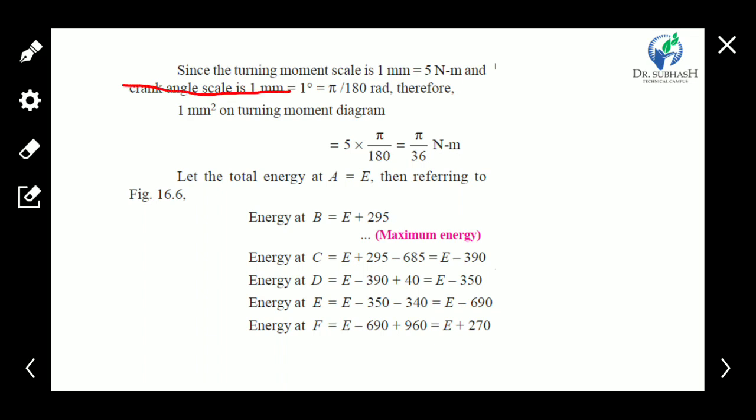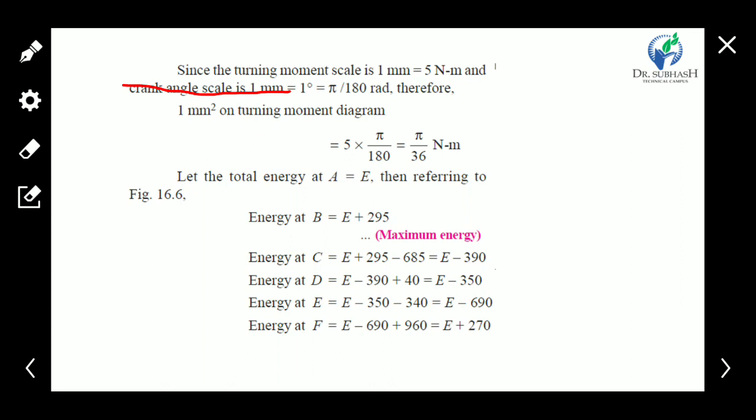Here 1 mm is equal to 1 degree, so we convert the degree into radian by multiplying by pi by 180. So the radian is pi by 180 for 1 mm.